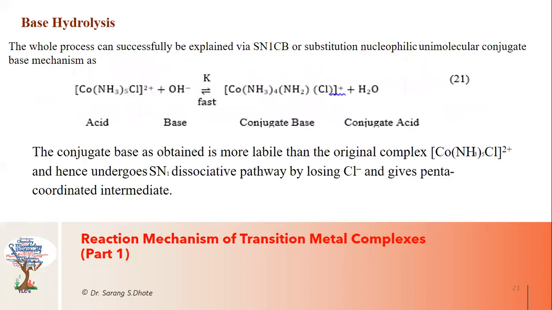Now अभी यहाँ पर भी whether this reaction associative है कि dissociative है ये सब को discuss करने के लिए the value of the rate constant and reaction order must be examined very carefully.